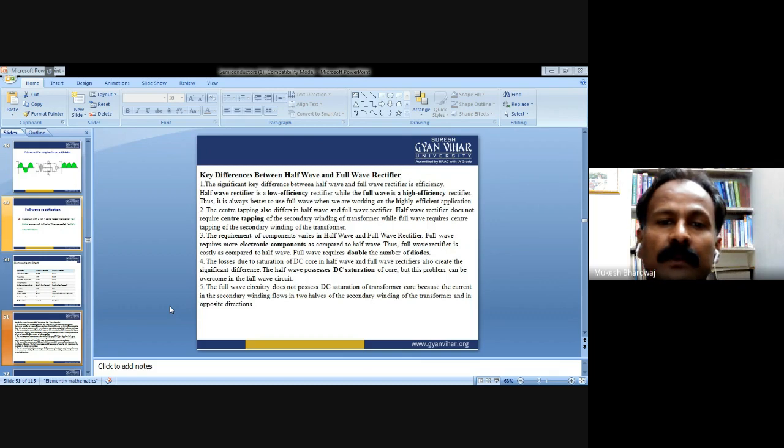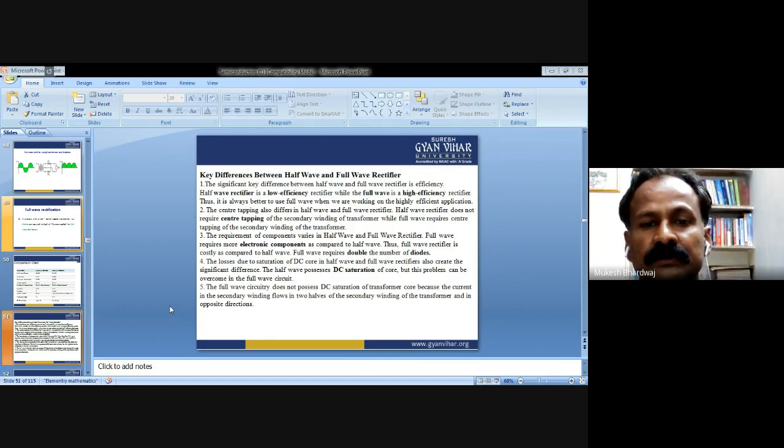Now these are the key differences between half wave and full wave rectifiers. The first significant key difference is efficiency. Half wave rectifier is a low efficiency rectifier, while the full wave is a high efficiency rectifier.